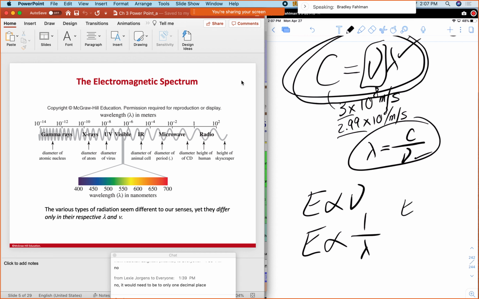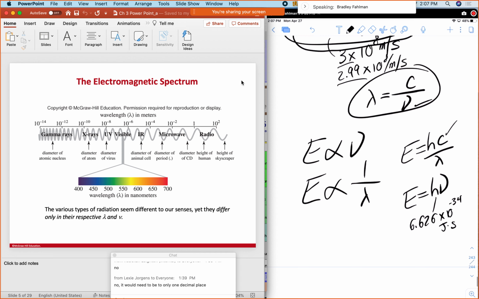And then the equations are these ones, where h is the constant in joule seconds. So that's the other constant, and that's your speed of light again. So you might have to calculate the energy if I give you frequency or wavelength, or you may just have to apply it.